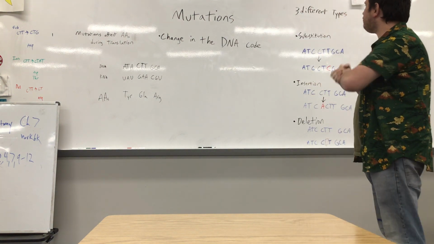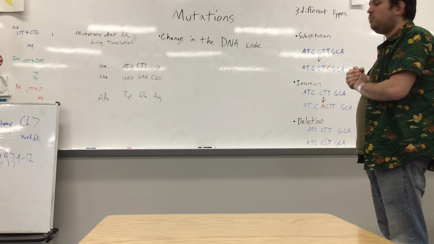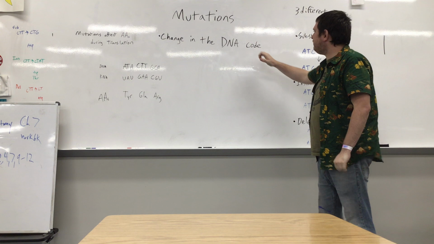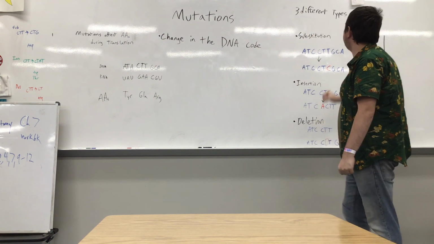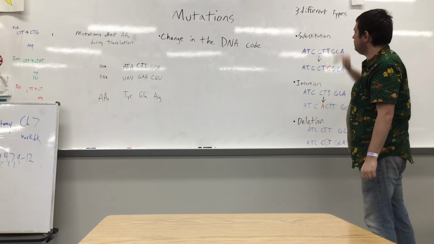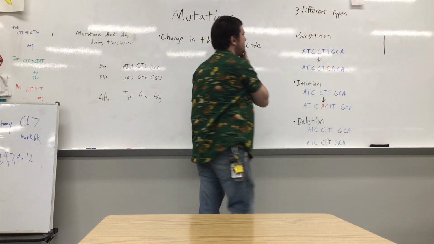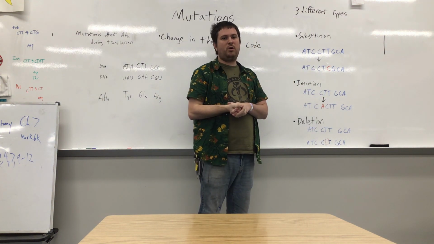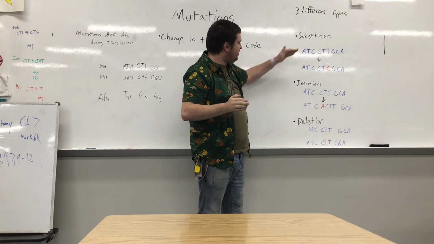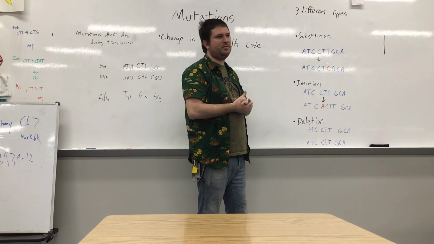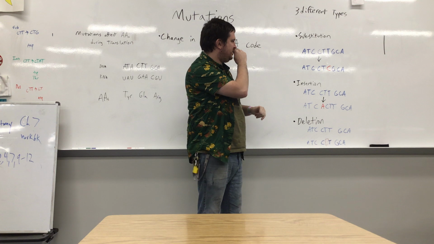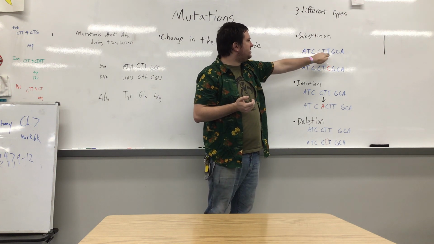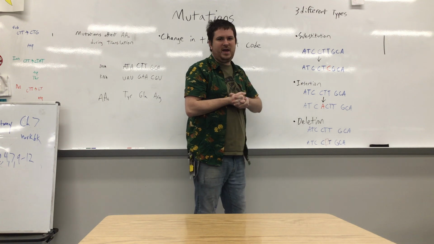So there are 3 main ways that we're going to look at mutations. The first type of mutation we're going to look at is a substitution. For our example, we are going to use the same DNA in all 3 of our examples. The first one, our base DNA is ATC, CTT, GCA.